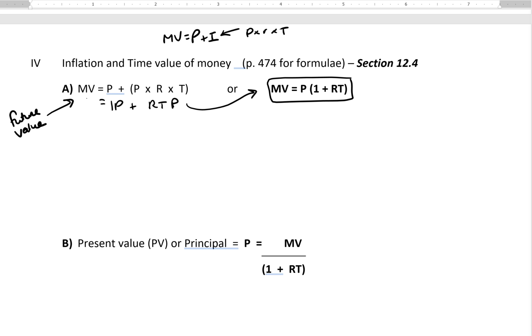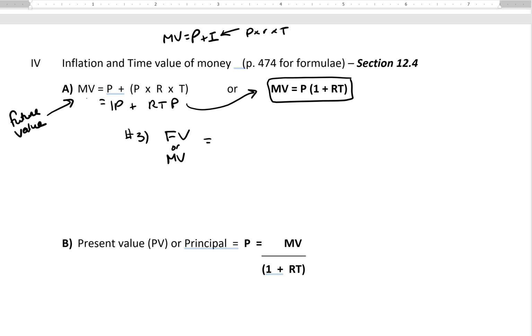So question number 3 from section 12.4. Question number 3 is asking you to find the future value or maturity value. Those are the same things. What is it going to be total in the end? Principal plus interest.